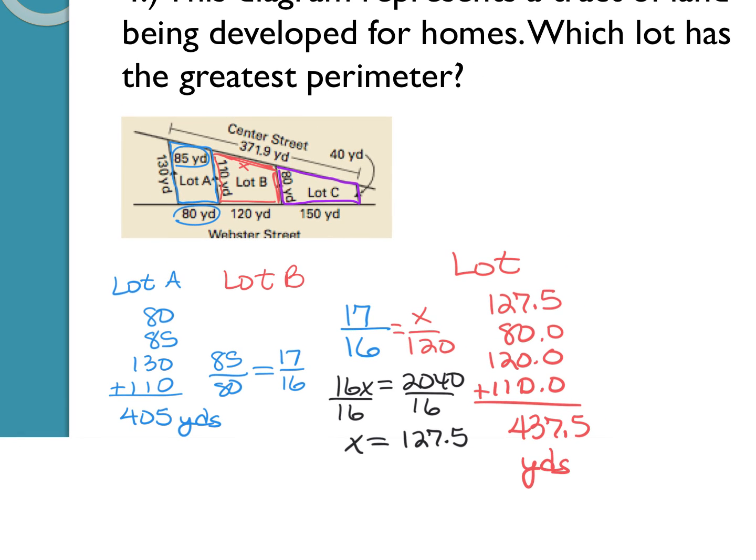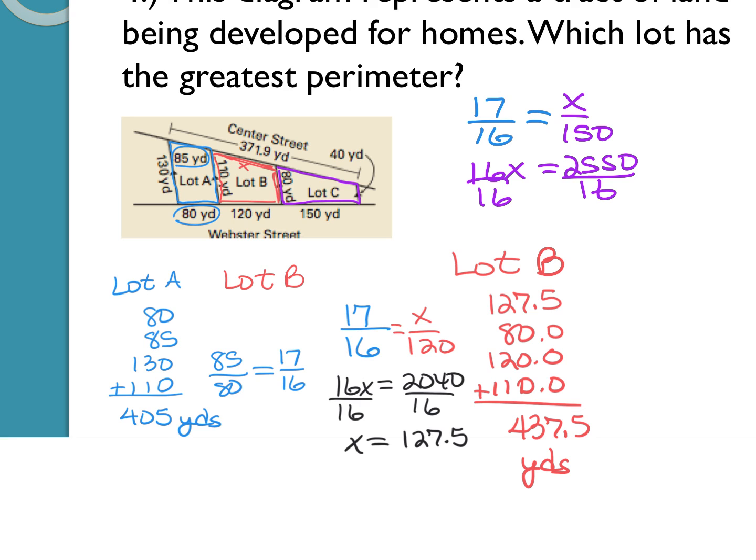Now I need to do the same thing for lot C. And I can do a third proportion. And again, use the same thing, the 17 over 16. And I can set it up as x over 150. I'm going to go ahead and cross multiply. 16x and then 150 times 17. 2,550 divide by 16, and x equals 159.375.